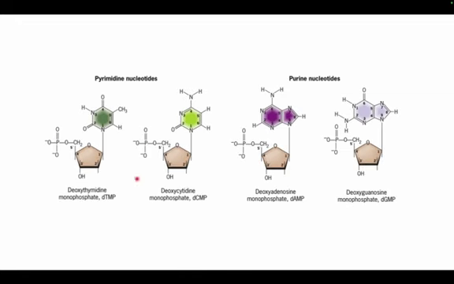So as we discussed, this is what a nucleotide would look like. A nucleotide is made up of the three units we saw earlier: a phosphate group, the sugar, and the nitrogen base. Because we have a thymine base attached to this nucleotide, it's called deoxythymidine monophosphate, or dTMP. Similarly, when we attach different nitrogen bases, we get different nucleotides.